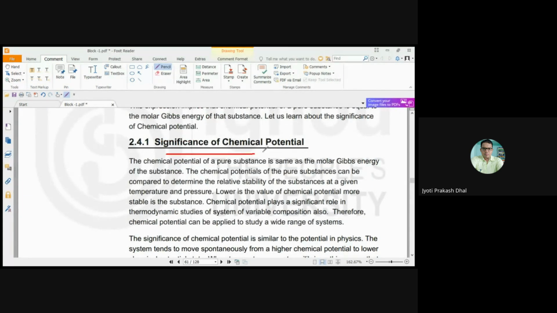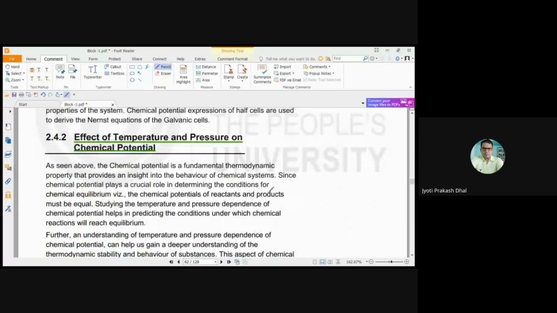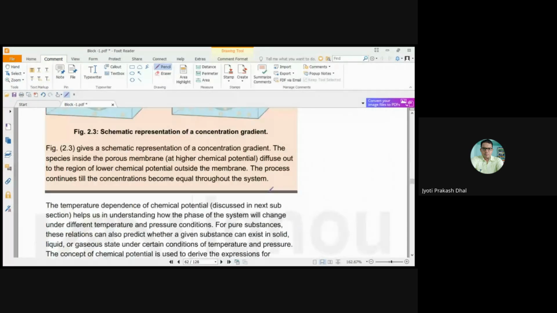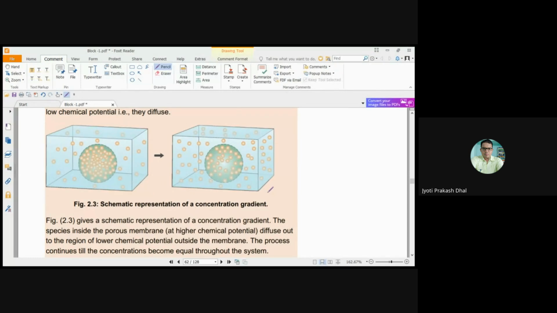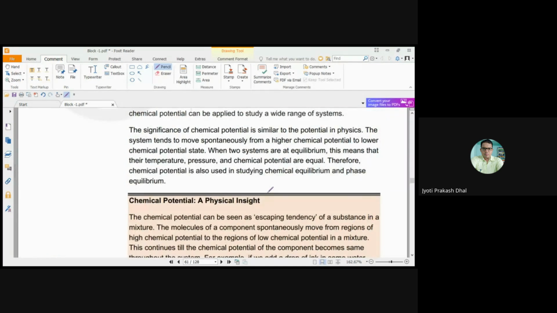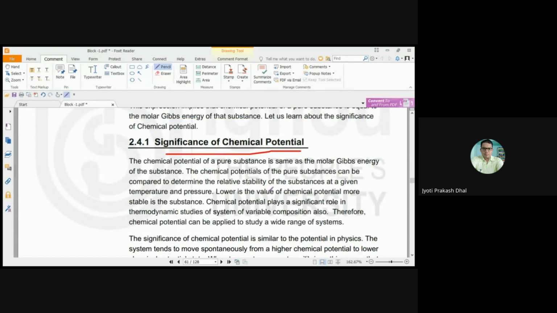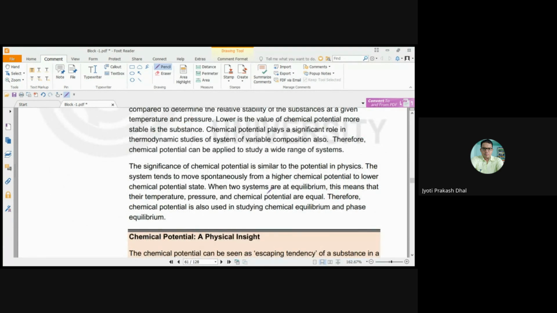Now coming to the significance of chemical potential. This is a theoretical term, but chemical potential is very significant, because it is the partial molar free energy, and we know that free energy is a very important thermodynamic property, because it describes the criteria of spontaneity of a process, and all the naturally occurring processes are spontaneous.